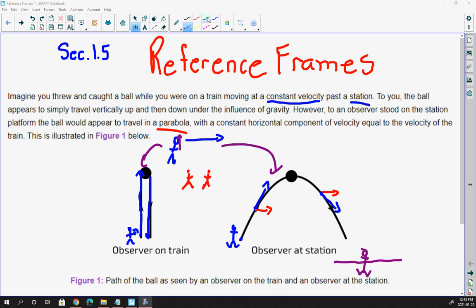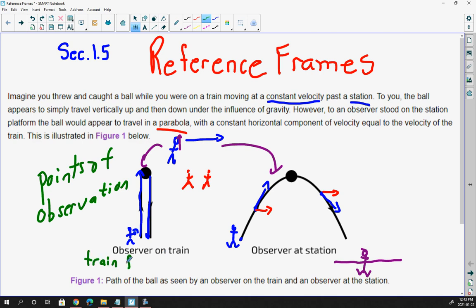So let's continue here. Let's name these points of view, points of observation. We would call this the train reference frame.